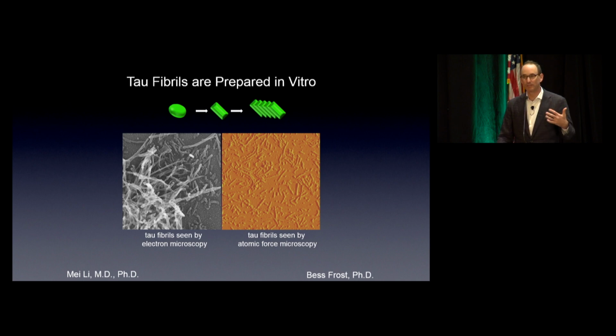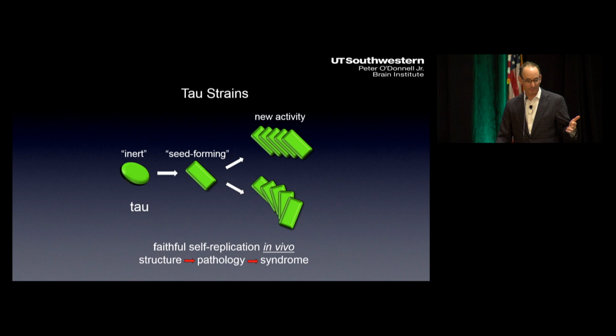we began to wonder about amyloid assemblies and the diversity of those tauopathies. One of the experiments that Bess did when she was in the lab was to form tau fibrils in vitro that had different conformations, and then allow those fibrils to interact with native protein.